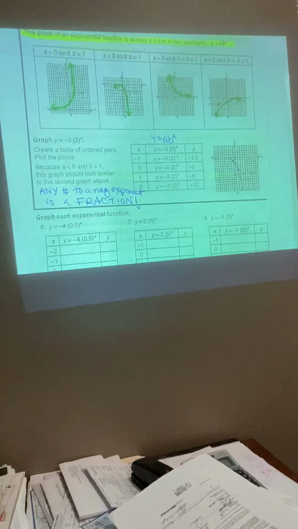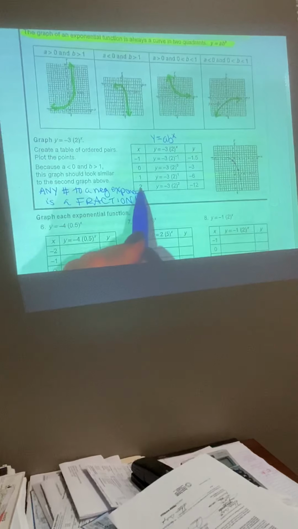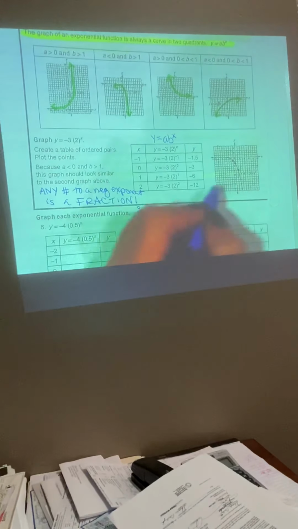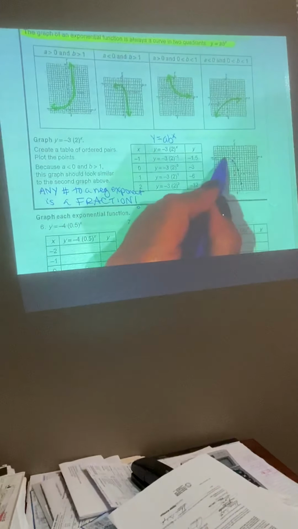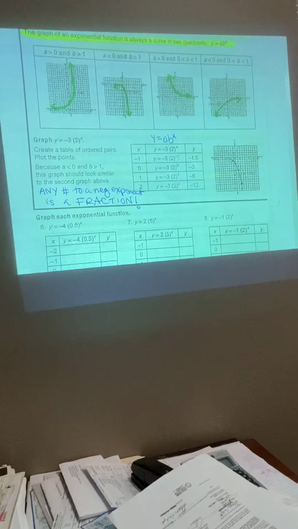See how it's making a curve. 2 to the 2 is 4 times -3 is -12. So 2, -12. And there's my smooth curve. Okay, so we'll try a couple of these.